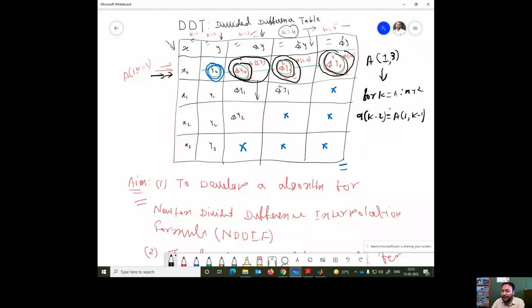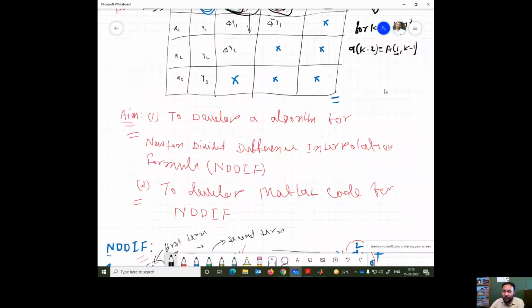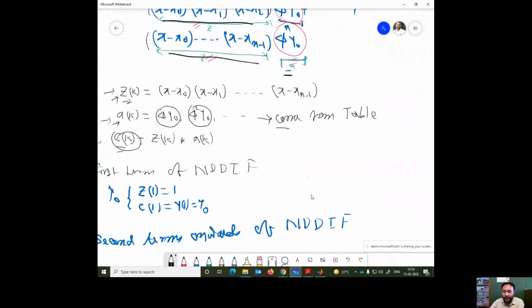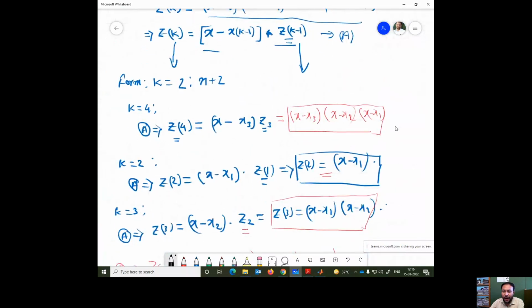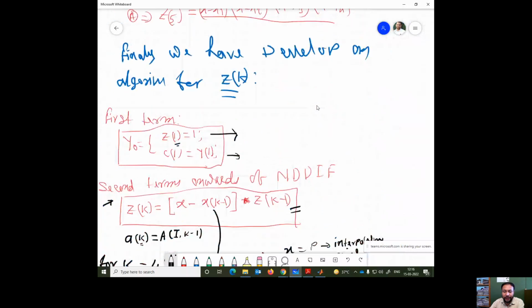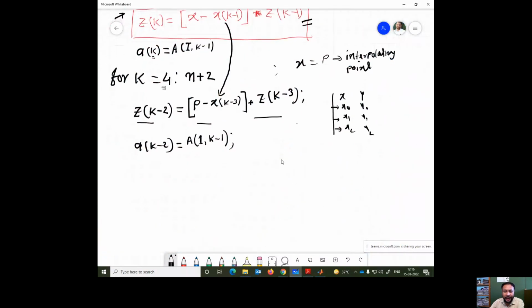K equal to 4 means it is now A2. I can get the first row here, and column 3 onwards. Means I can pick up from this, from this, from this. Now if I do programming here, the for loop, k will move from 4 to n plus 2.